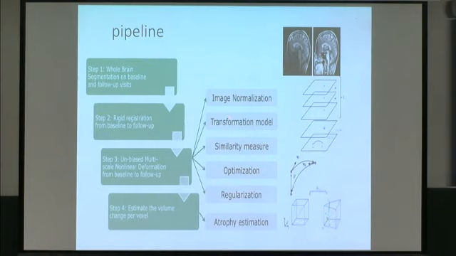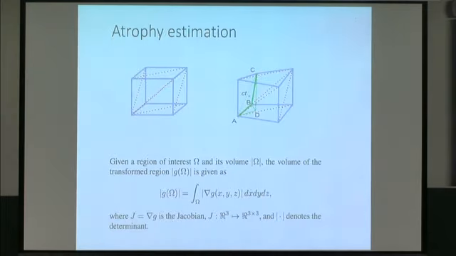We have to look at the transformation model, the similarity measure, how we do the optimization, how we do the regularization, and finally, in the end, how we measure the change from this deformation field to minimize the numerical noise that we are adding to the whole procedure. And let me start in this end by looking at how we actually measure the change of volume or the change of shape based on deformation fields.